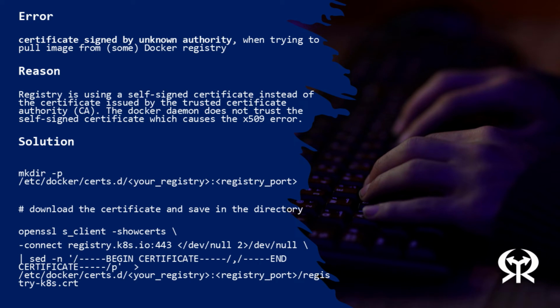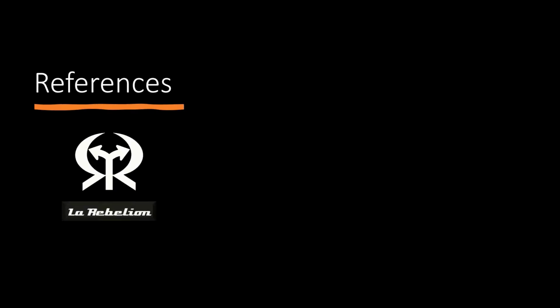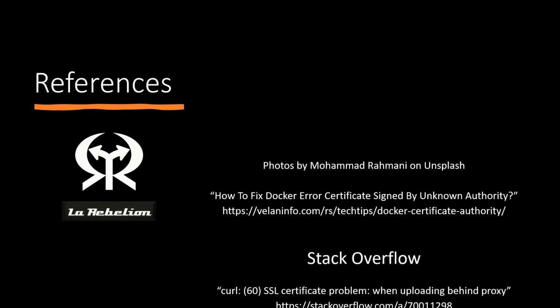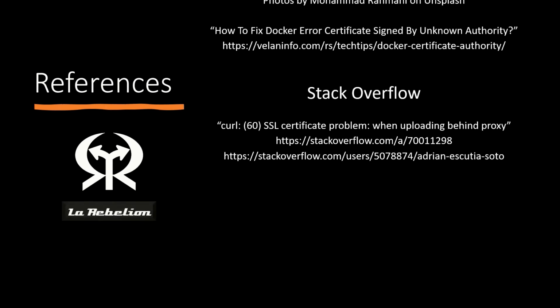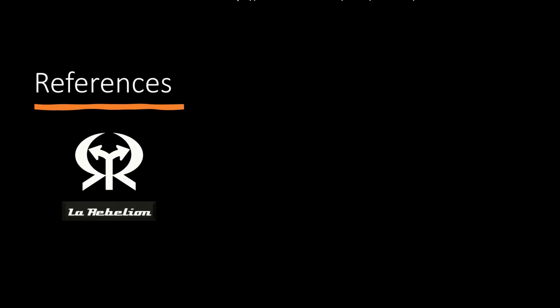The way to solve that problem, you need to let Docker know that you trust in that certificate. So you need to create a directory in etc docker certs.d, download the certificate, and then just move that certificate into that directory, and that's it.